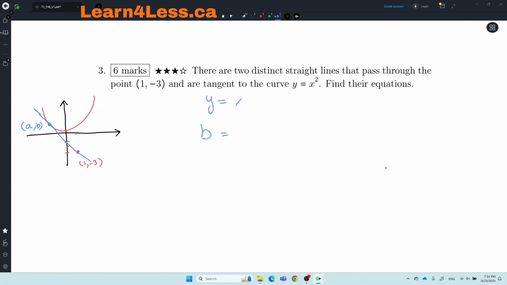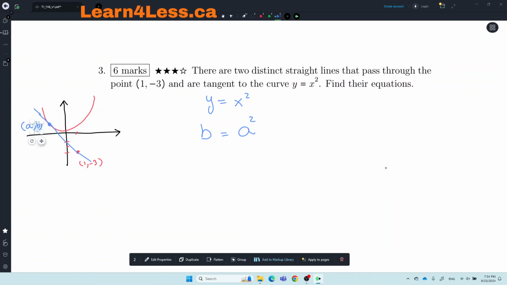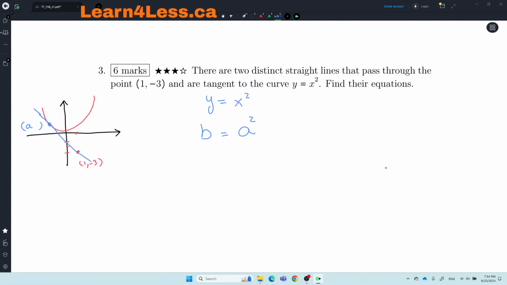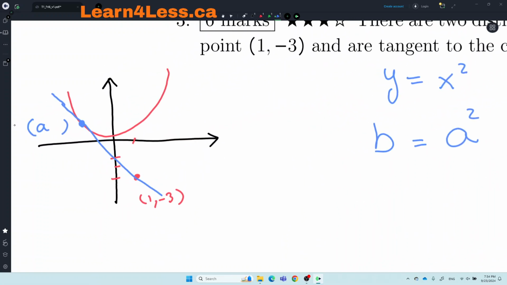The curve is y equals x squared. So the y coordinate should be the x coordinate squared, which is a squared. We know b should be a squared. That's really helpful. We know at least one of them with respect to the other one. So basically, this point is (a, a squared).